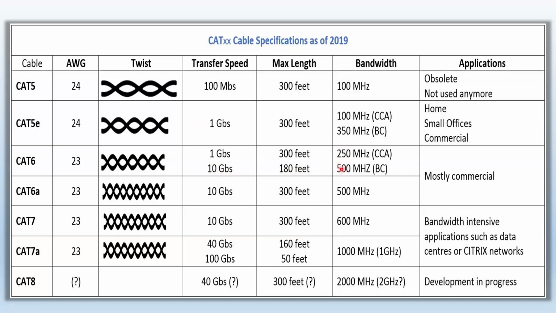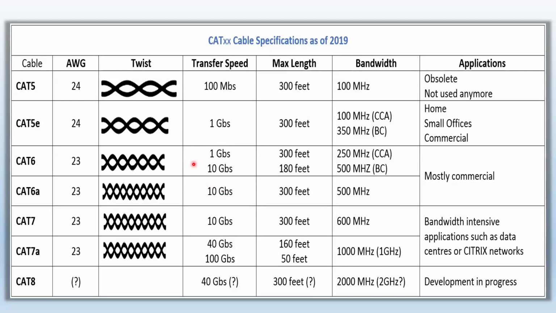And here is the bandwidth in megahertz. So if a client wants to get a good cable, it would be like this. Is Cat6 better than Cat5e? Well, yes, but. Oh, here's the but.